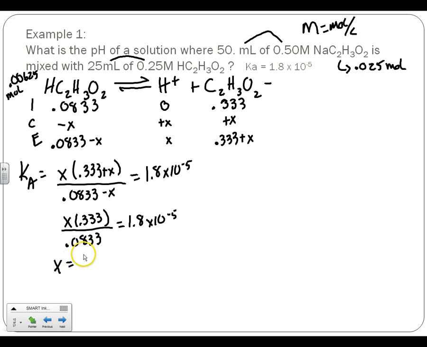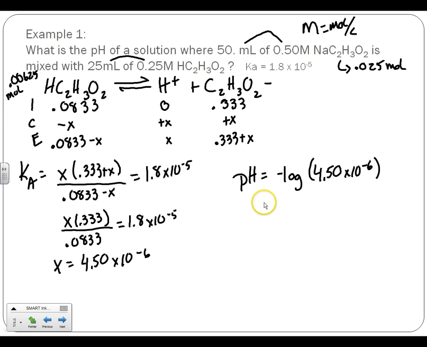Then I solve for x, and I end up with 4.50 times 10 to the negative sixth. So what does x mean? X is my concentration of hydrogen ions. So now I can figure out my pH. pH is the negative log of 4.50 times 10 to the negative sixth, and so my pH comes out to be 5.34.